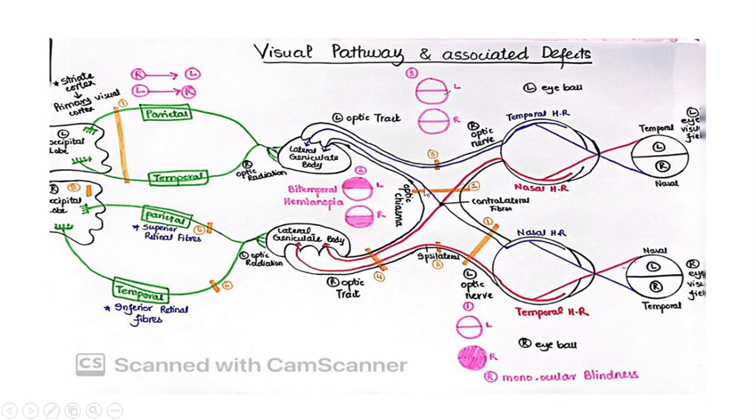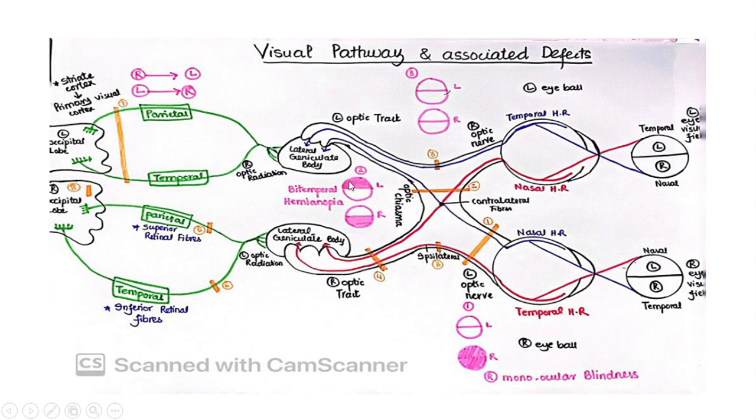Where is the second fiber coming from? This is the second fiber. If we trace it backward, it's coming from the right component of the right eye visual field. I have shaded it here. So this is the lesion we get after damaging the optic chiasma. As you can see, this is the temporal side, this is the nasal side, this is the nasal side, this is the temporal side, as we have already discussed.